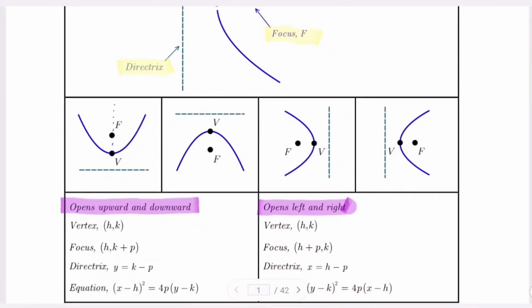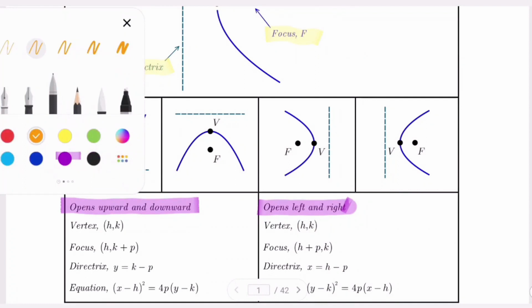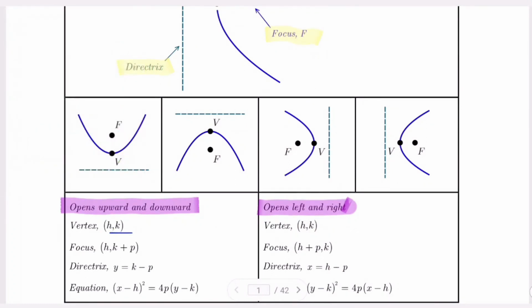So we notice that our vertex will be labeled as H, K. And the focus, if you notice, the coordinate for H will remain the same. But what about the K?